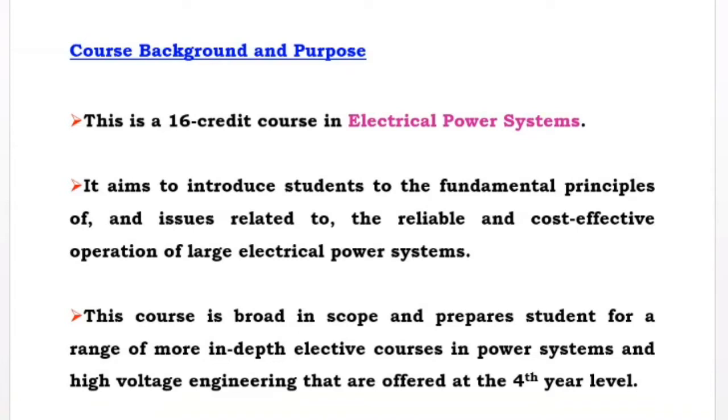And the third bullet point is talking about the broad scope and preparing the students with a range of topics or chapters that we talk about, and it is related to high voltage engineering, or also to machines, because something like high voltage engineering and machines are separate modules. They can work independently, like testing insulation on a transmission line, testing insulation of a generator, testing insulation of a transformer.